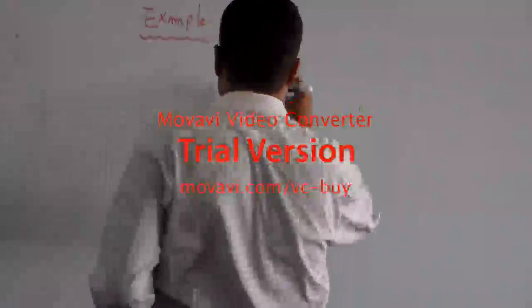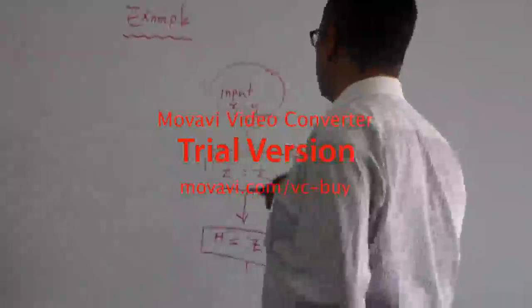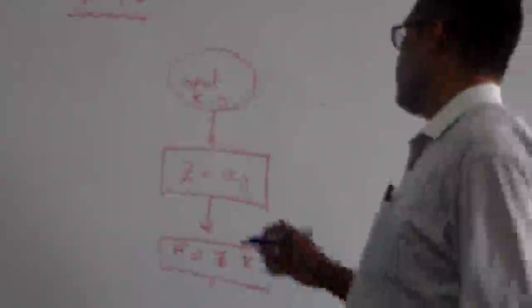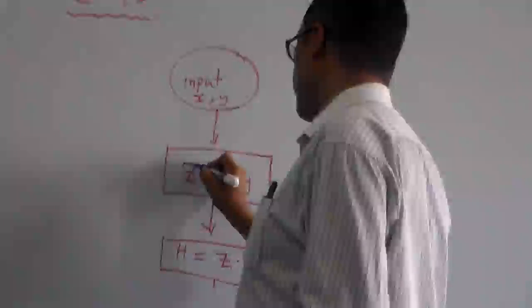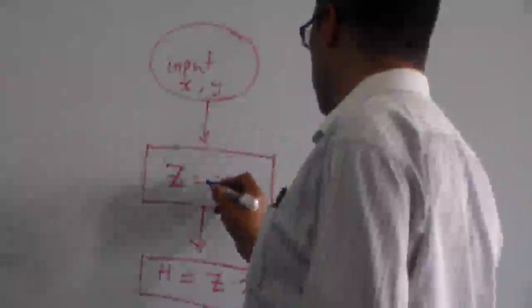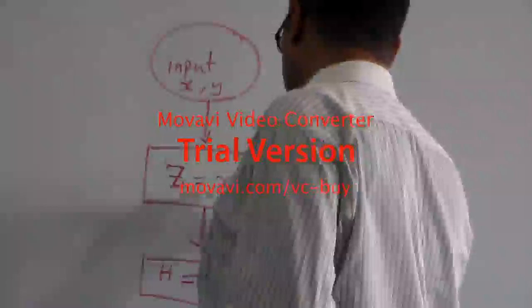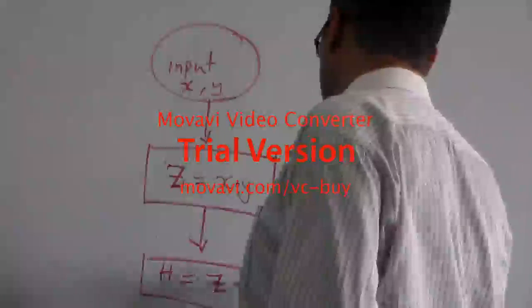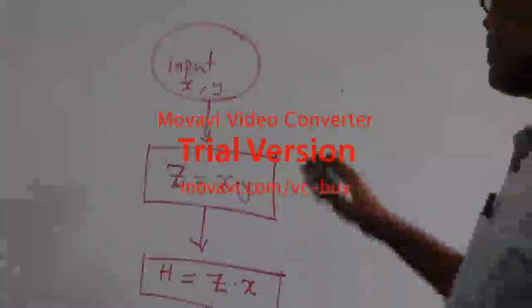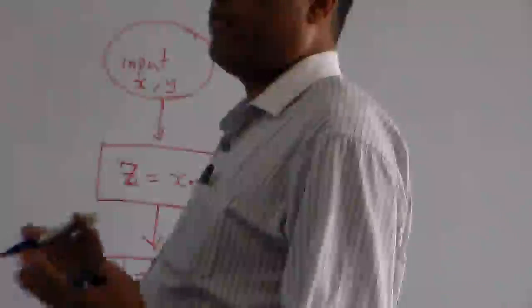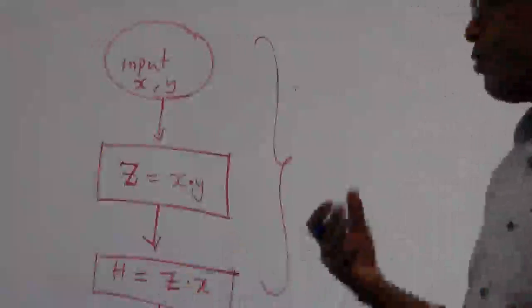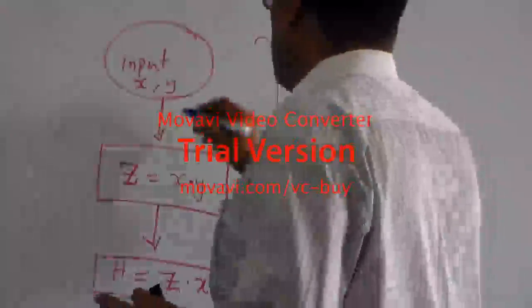If we have two variables, x and y, x and y are input to our model, then we can have the value of z, for example, equal to x times y, and then after that h is z times x. So in our model, for example, maybe x and y and z and h mean something in the reality or in our organization. But this is just an example.